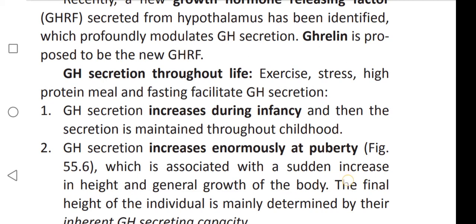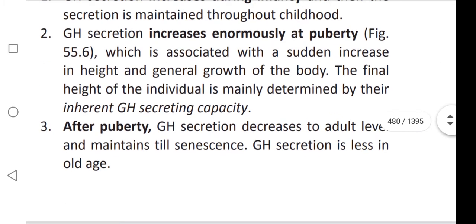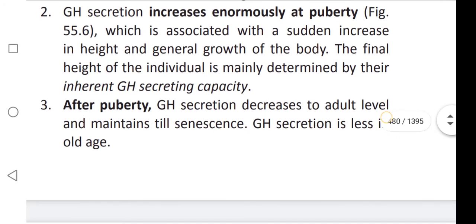Growth hormone secretion increases enormously at puberty, which is associated with a sudden increase in height and general growth of the body. The final height of the individual is mainly determined by the inherent growth hormone secreting capacity. After puberty, growth hormone secretion decreases to adult level and is maintained till senescence. Growth hormone secretion is less in old age.